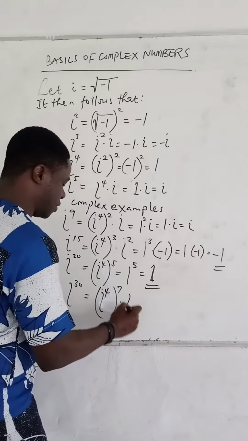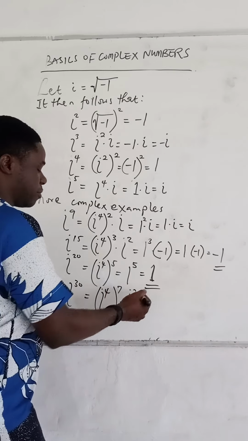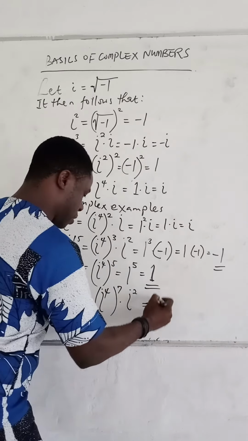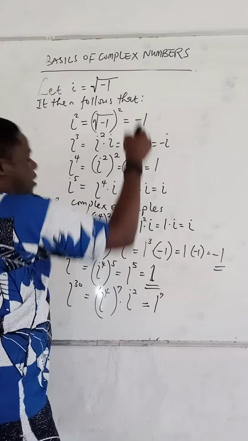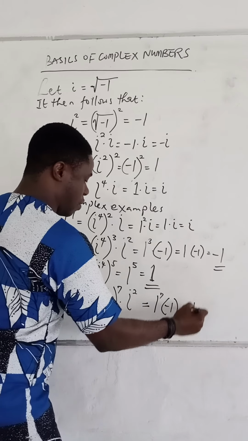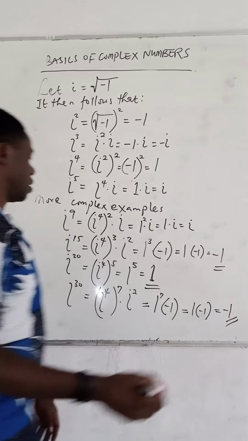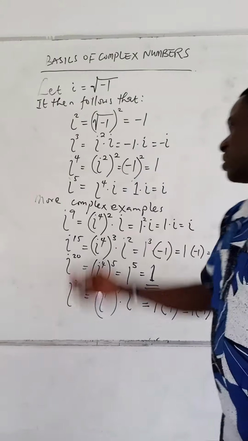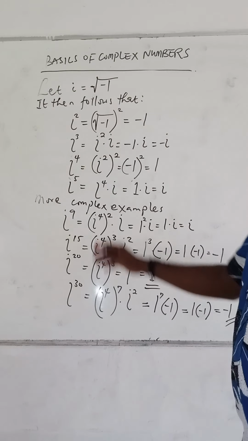To get 30, we have to take another power of 2, so 28 plus 2 is 30. i raised to power 4 is 1, raised to power 7 is 1, then i squared is minus 1, so we have 1 times minus 1, which is minus 1. So this is how to resolve higher powers of a complex number.